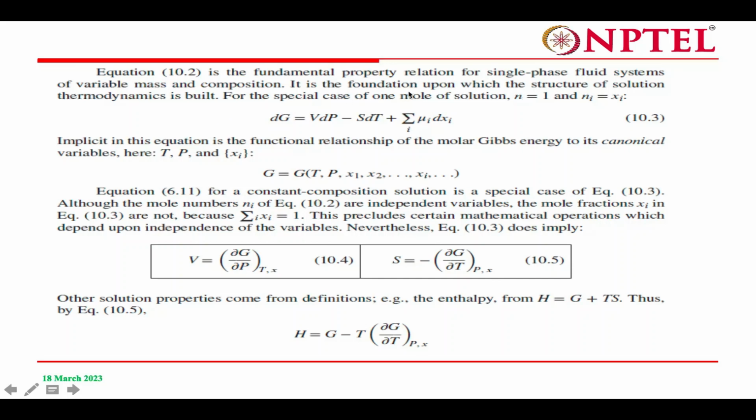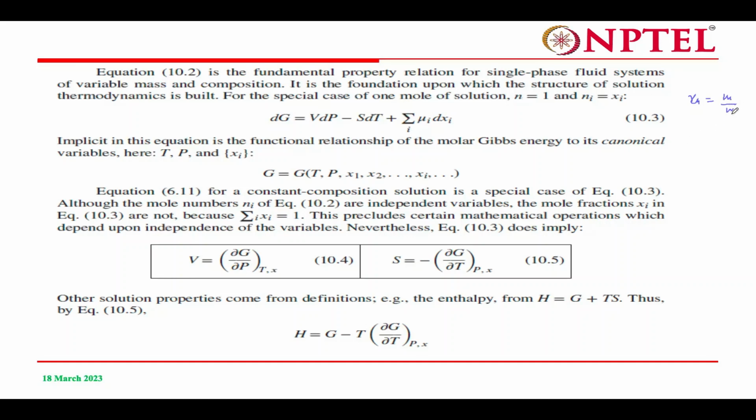That equation is the fundamental property relation for single-phase fluid systems of variable mass and composition, right? Now take the special case of 1 mole of solution, n equal to 1, and xi equal to ni by n.